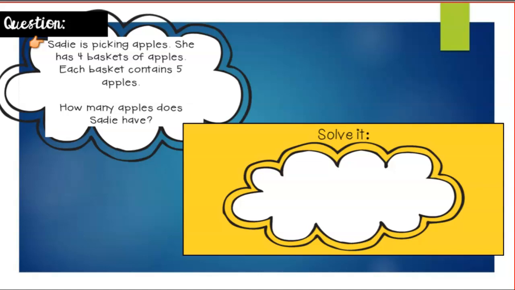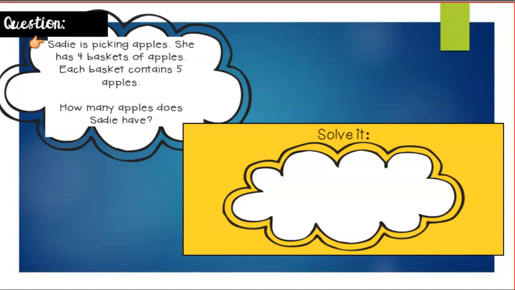All right, Rourke, you've got the mic and webcam. Will you read this problem to us, please? Stacy is picking apples. She has 4 baskets of apples. Each basket contains 5 apples. How many apples does Stacy have? Very good. What would the multiplication sentence be here?